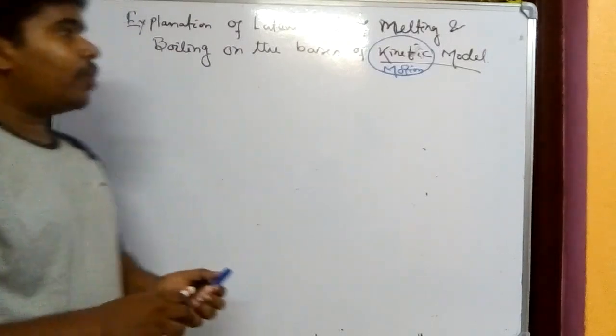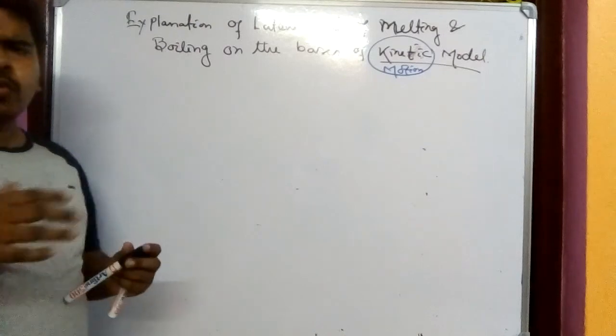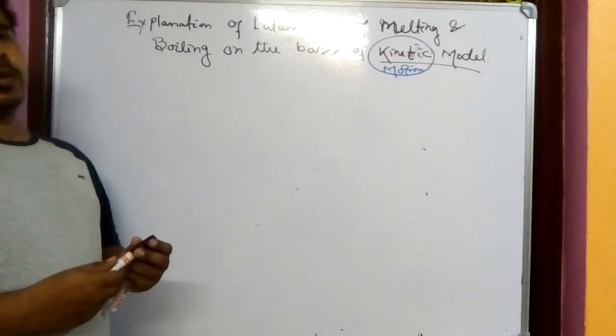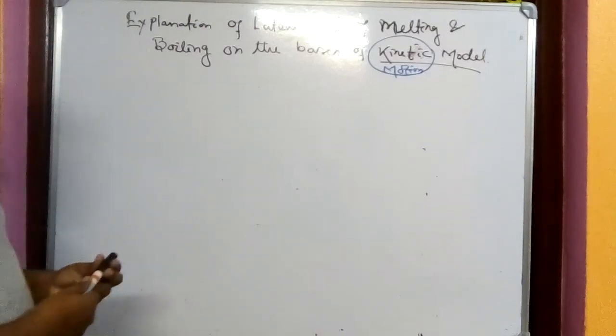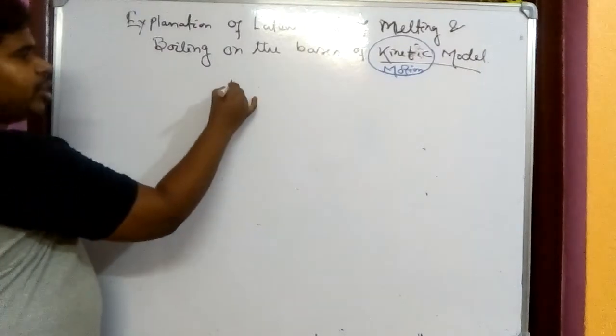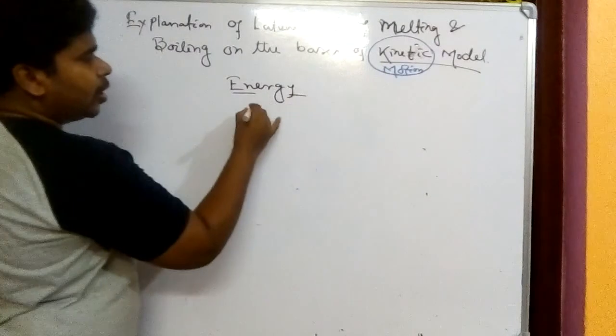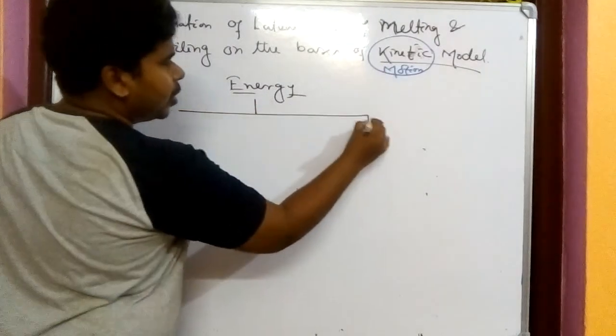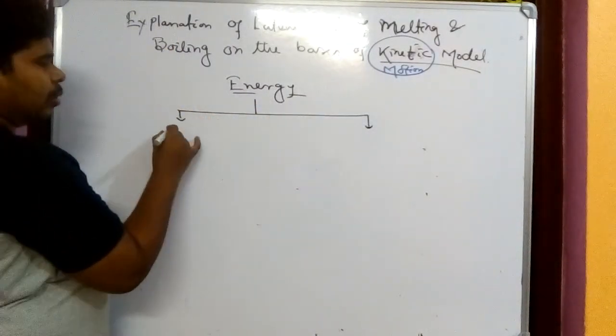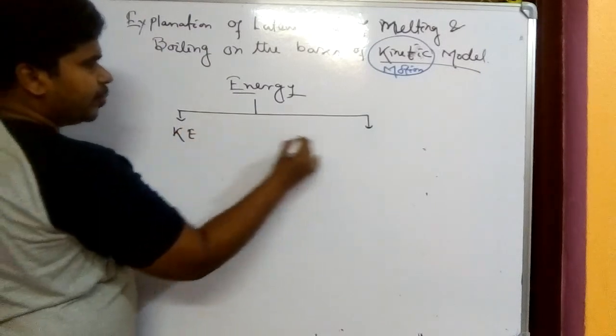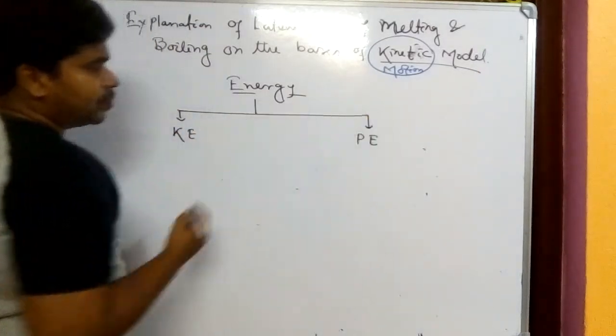Now coming to the point, as we are talking about the molecules of the substance, let's see whatever energies are there in the molecule. Definitely in the molecules also there are kinetic energy and potential energy.